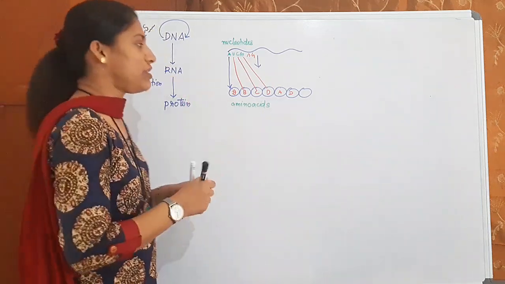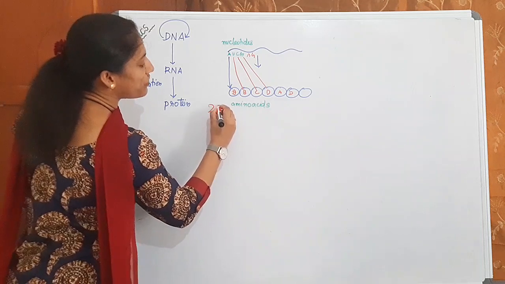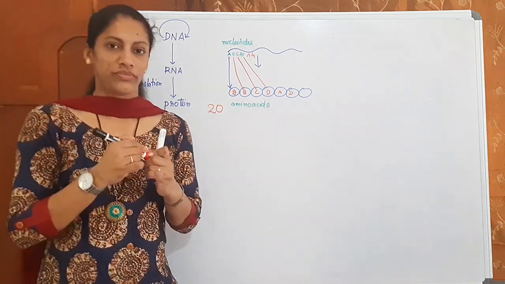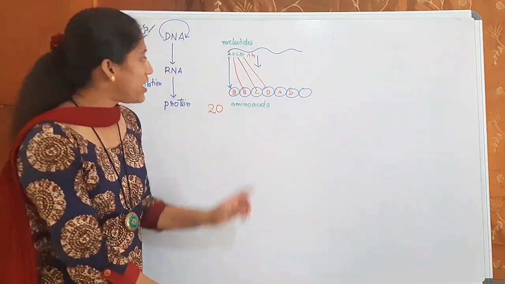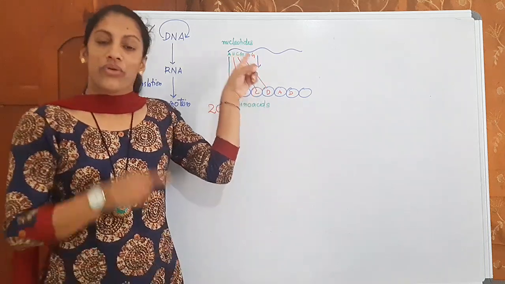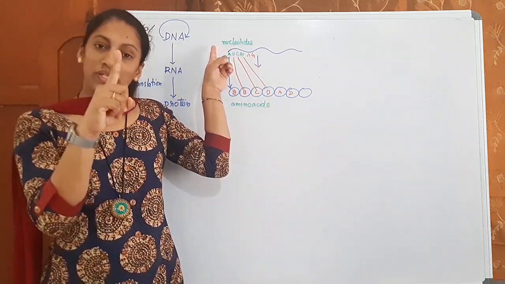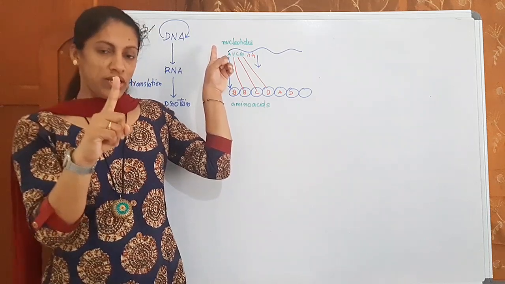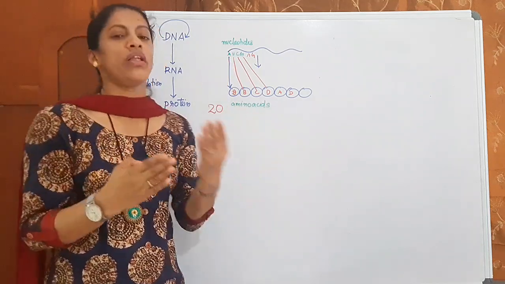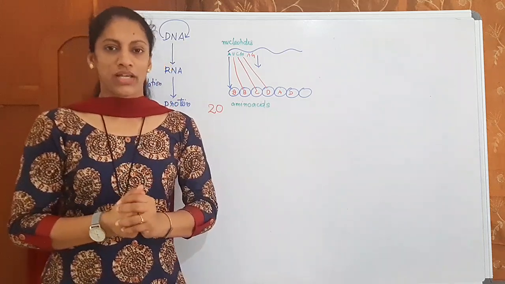But in proteins, there are 20 different types of amino acids. So understand, with these 4 nucleotides, if one nucleotide represents one amino acid, only 4 types of amino acids are possible.